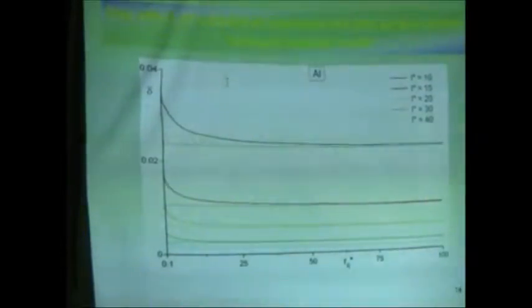For reference, the value of this critical compression is denoted by dotted lines here. And here, by solid lines, we denoted the results for the rods with surface stresses.